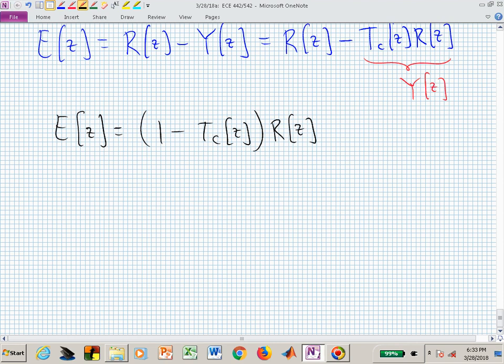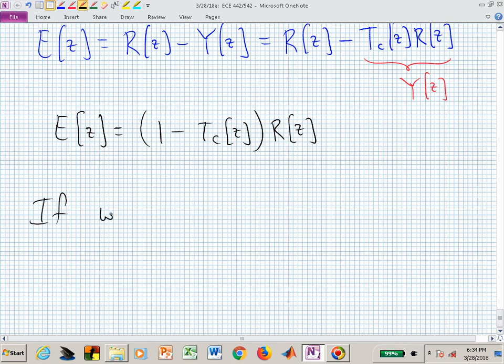So if somebody said, can you give me a time domain expression for the error relative to a reference input, all you would need to do is inverse z transform this expression, 1 minus T sub c of z times R of z.